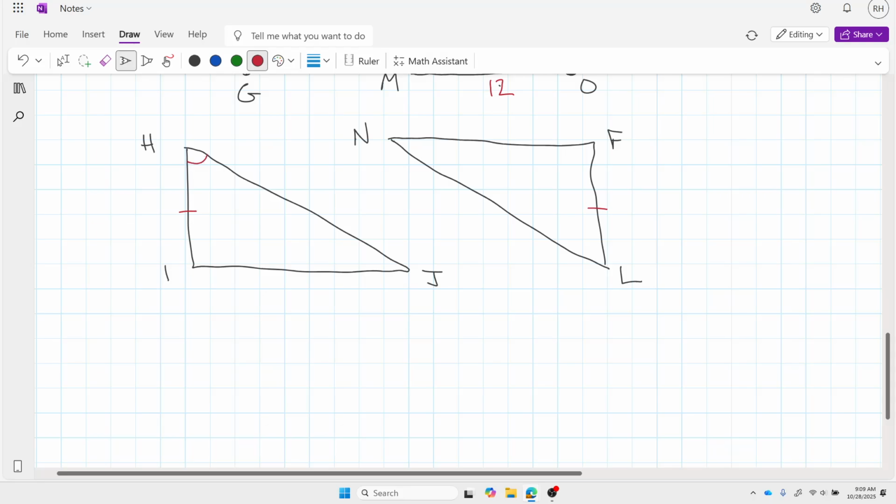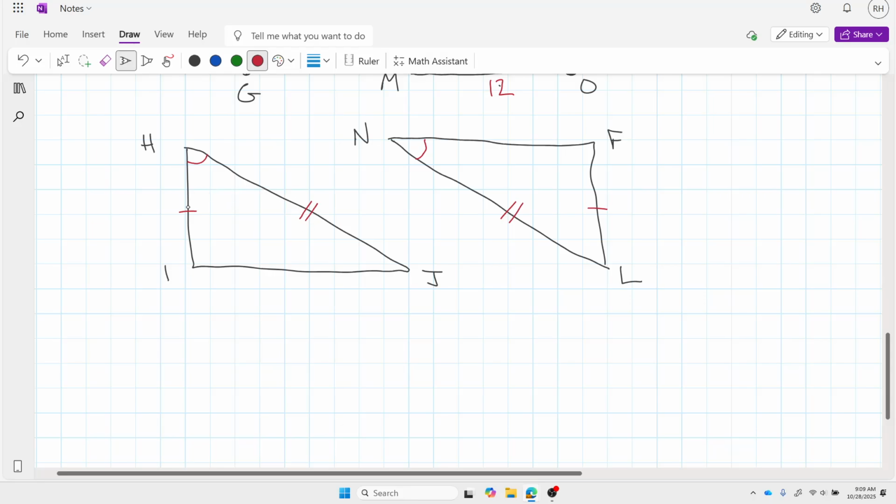Angle H congruent to angle F. And then HJ congruent to NL. And I'm going to move it to N. All right, so the question is, are the triangles congruent? If so, write a congruent statement and explain.